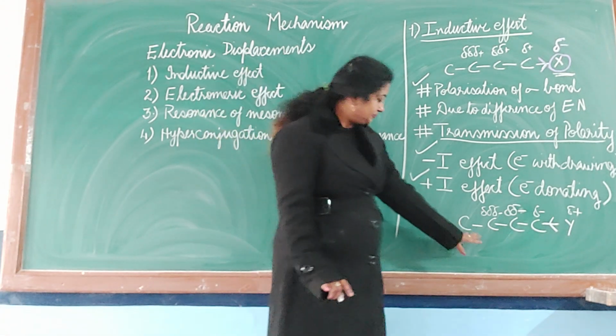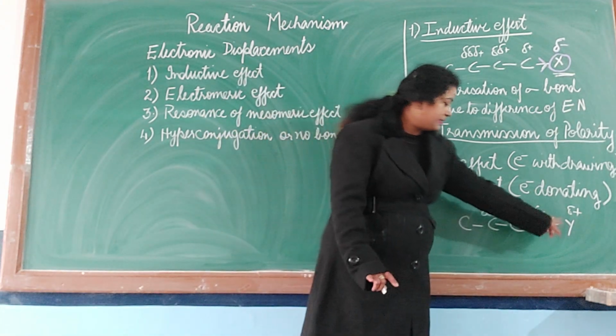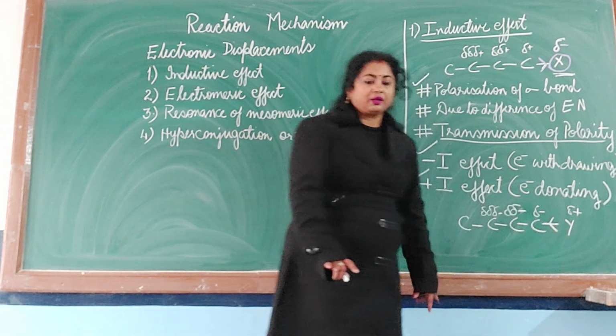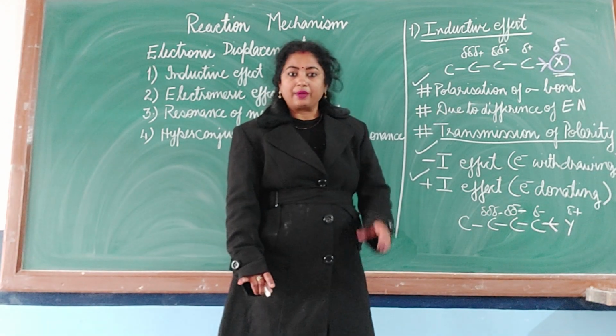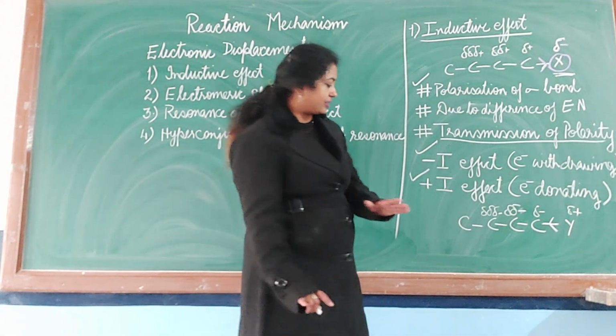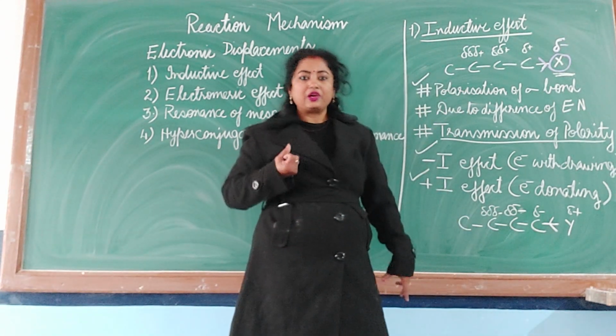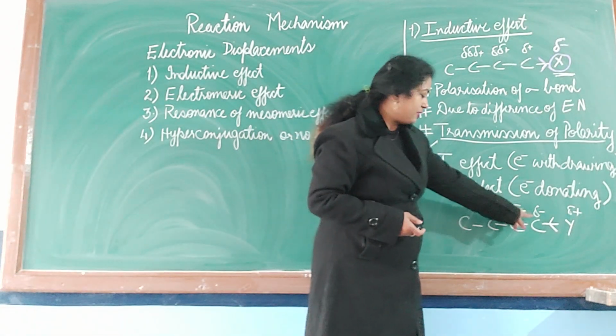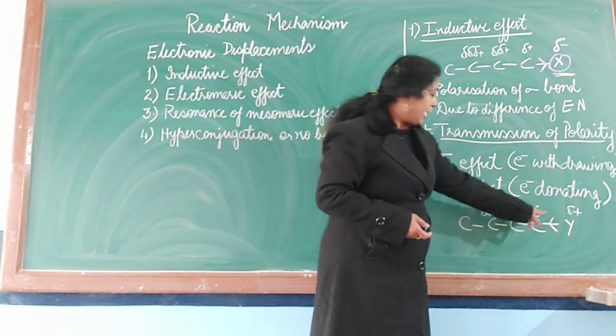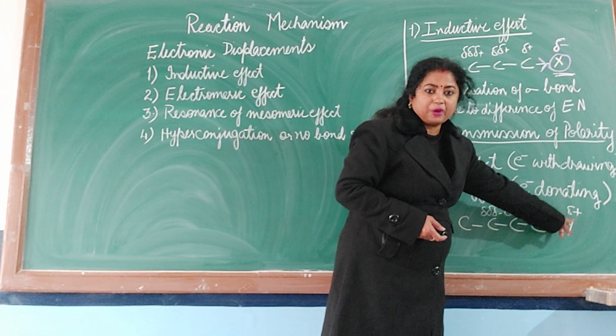And if the atom attached to carbon is less electronegative than carbon, then here carbon will pull the electron towards itself, carbon will bear a slightly negative charge and the other atom will bear a slightly positive charge.